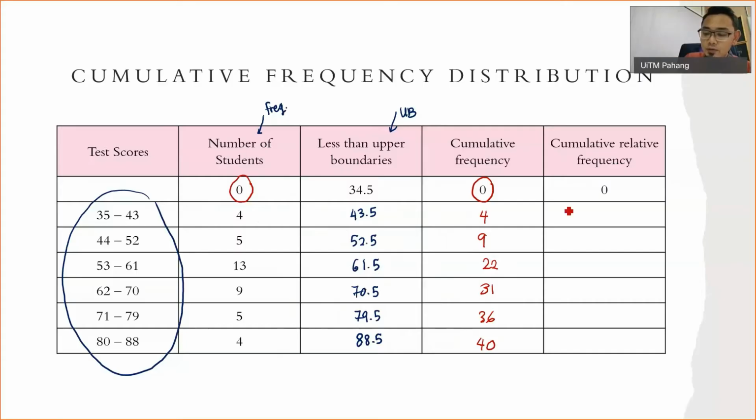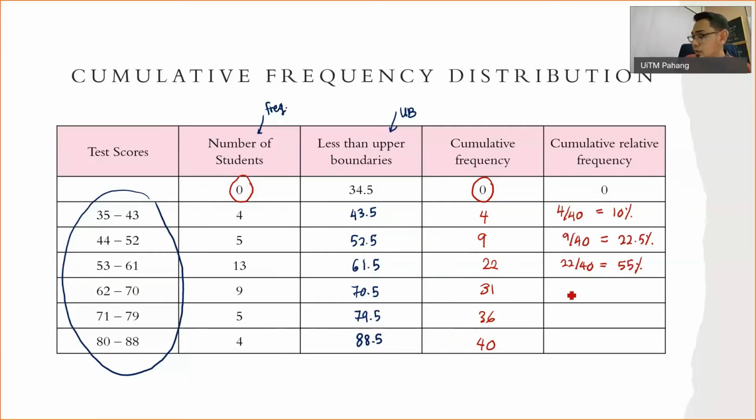Suppose you have the first one, it will be 4 over the total, 4 over 40. So 4 over 40 is actually 10%. And the next one, 9 over 40, will be 22.5%. And the next one will be 22 over 40, and then you will have 55%.